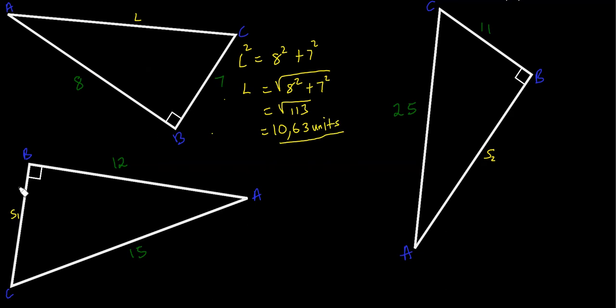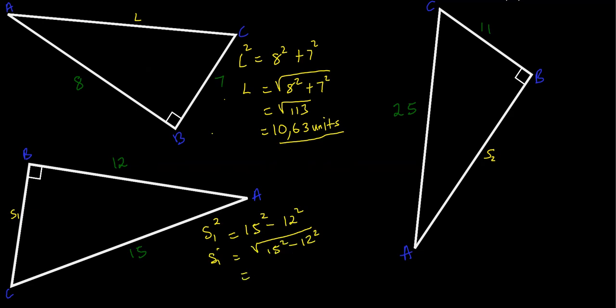Now let's look at this one here, the smaller side. We're looking for the smaller side, and you can see that the longest side is given. So what do we know? We subtract the smaller side from the longest side. Simple like that. So here let's look for S1. S1 squared is equal to 15 squared minus 12 squared, so S1 is the root of 15 squared minus 12 squared.